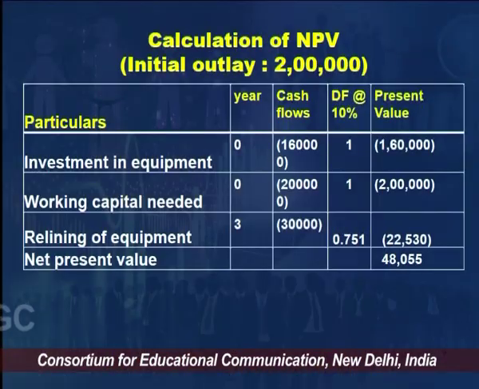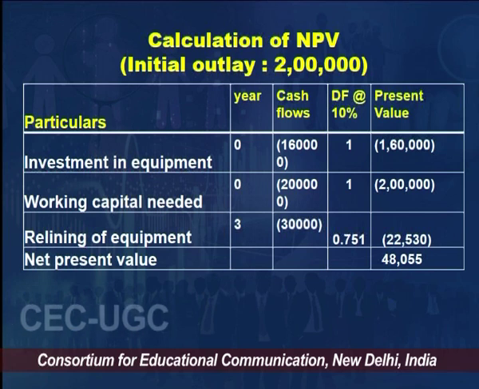Now, coming to the outlay, coming to the requirement, the first expenditure or first outflow is the equipment cost itself, right. So, 1,60,000. We are spending it today, the time value is 0, today is always 0, and the discount factor for today is always 1.